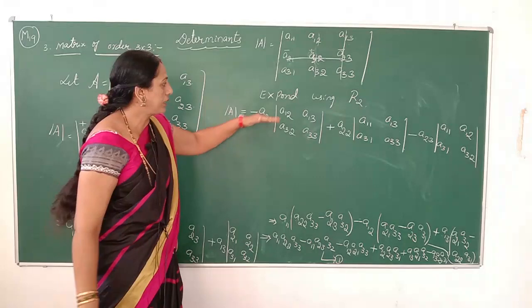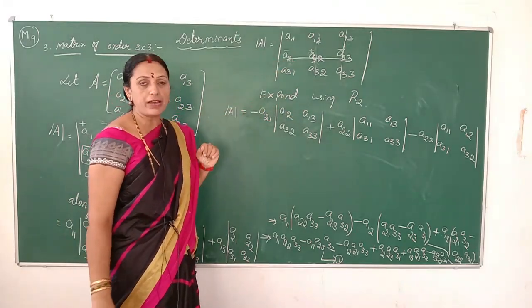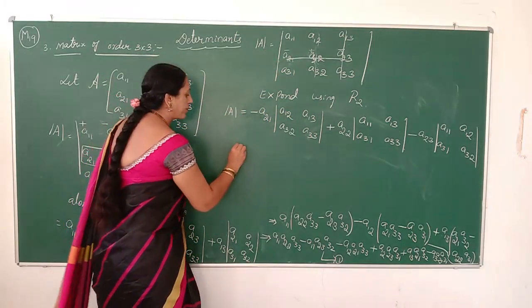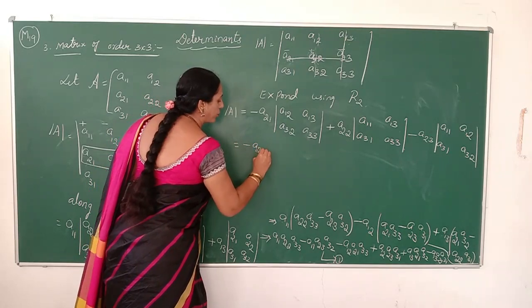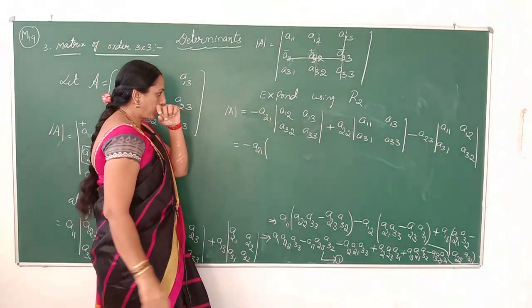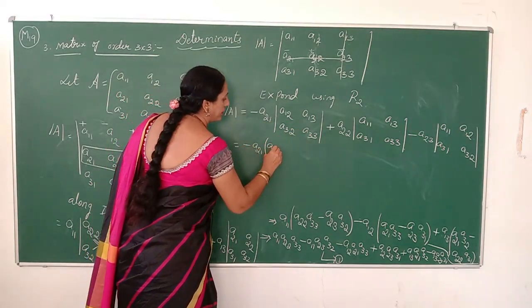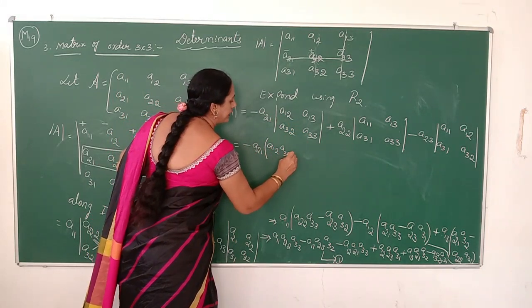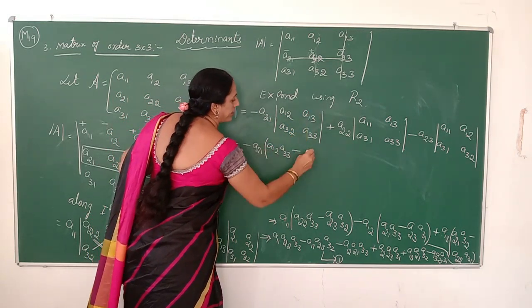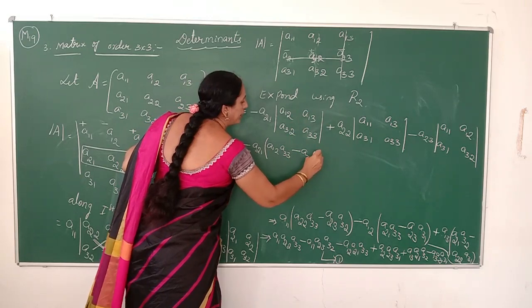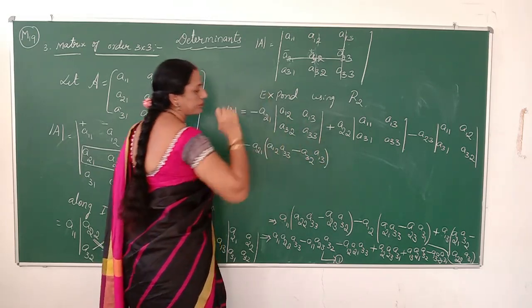Then all the terms can be expanded in terms of 2 cross 2 determinants. After that, by using the rule for 2 cross 2, simplify. Product of the left diagonal A12, A33 minus the right diagonal A32, A13.